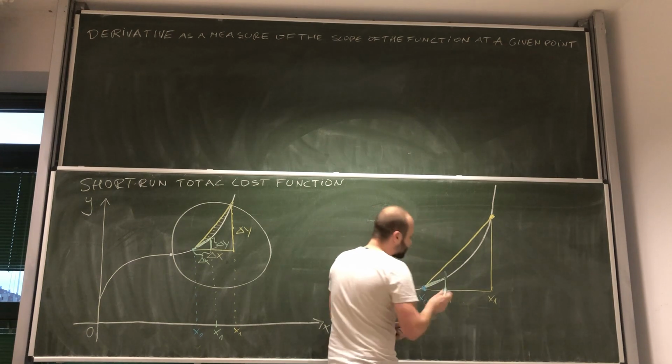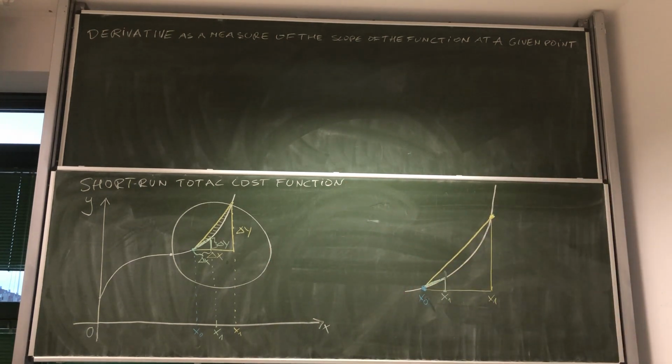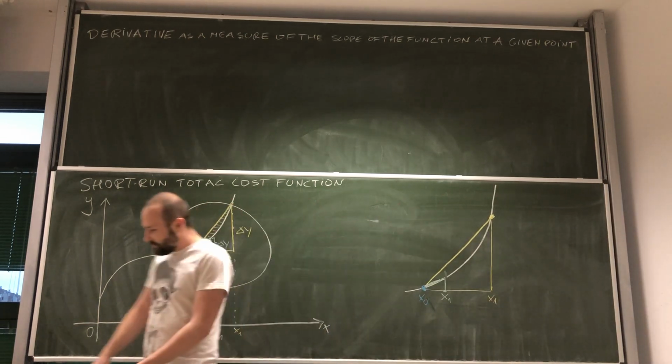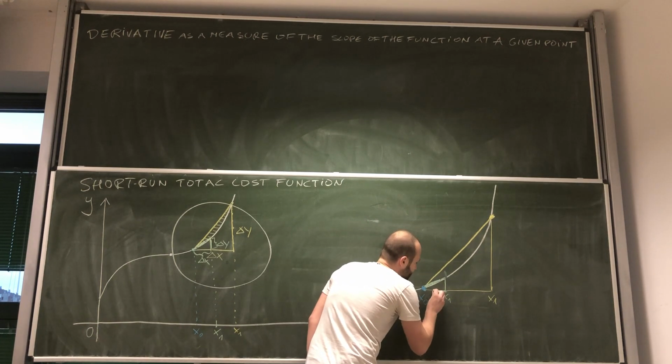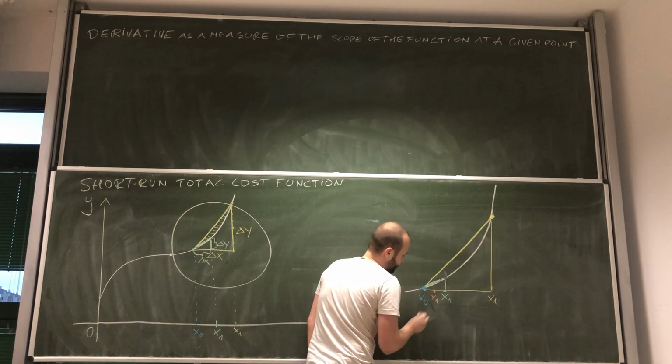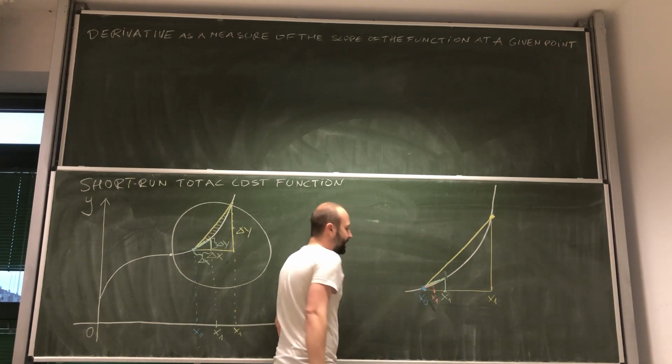So we still get some average value. So what was the trick we used when we went with derivatives? Well, maybe we should use an even smaller triangle. So we should choose a smaller x1, and that would give us a smaller delta x.